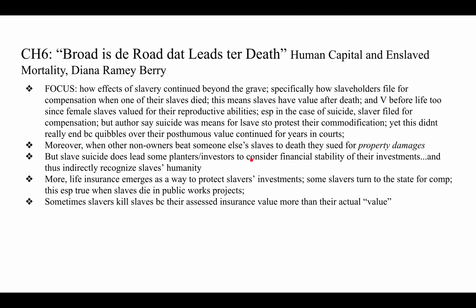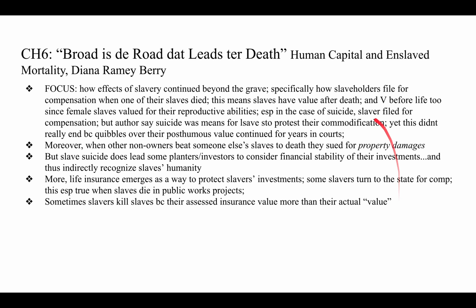But slave suicide does lead some planters or investors to consider the financial stability of their investment, and thus indirectly recognize slaves' humanity. Moreover, life insurance emerged as a way to protect slavers' investments. Some slave owners turned to the state for compensation, and this was true when slaves would die in public work projects as well. And then sometimes slave owners would kill their slaves because their assessed insurance value was more than their actual value.